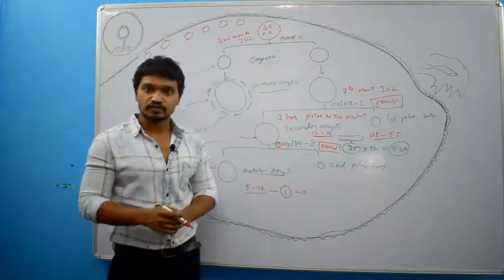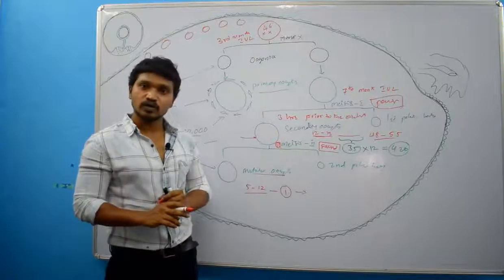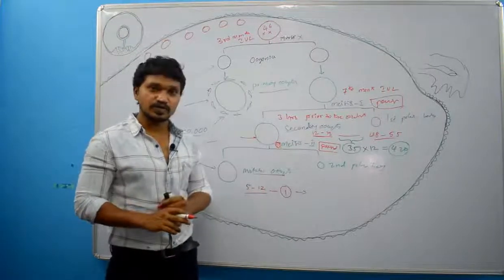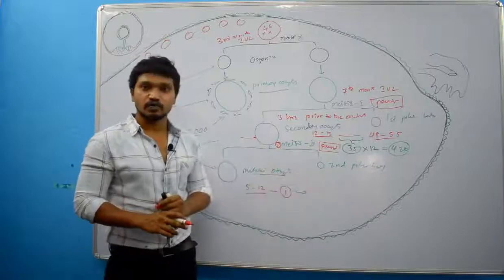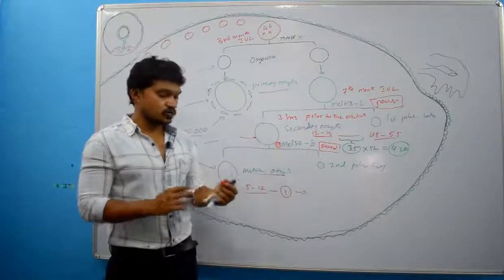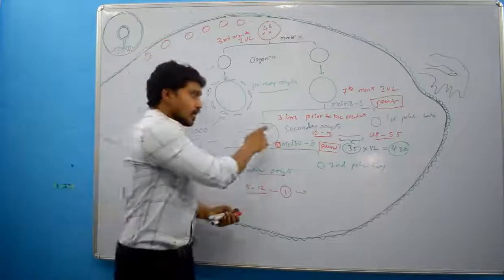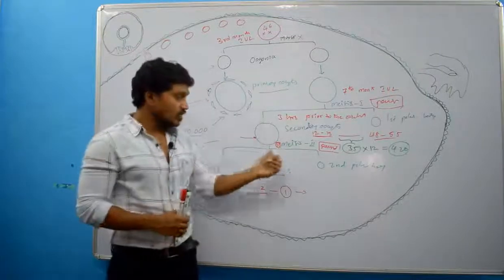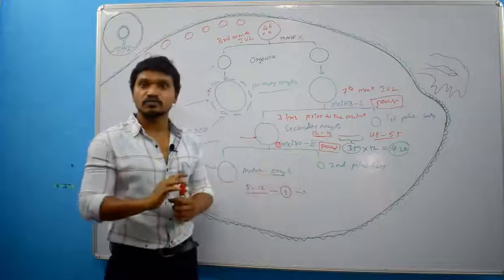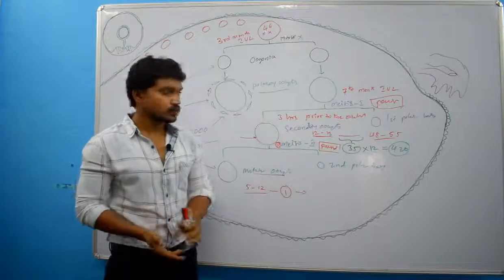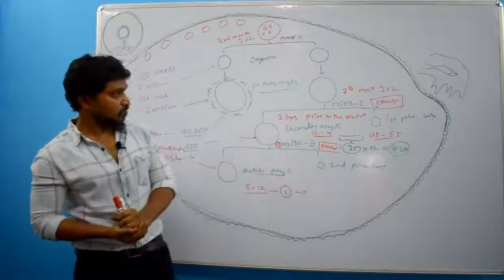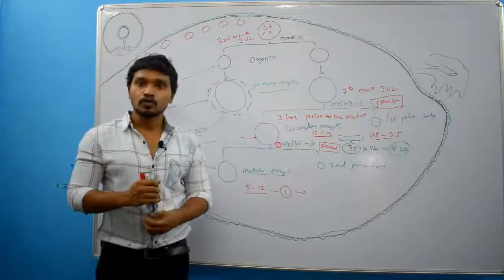If not, there is no completion of the second meiotic division, no production of a mature ovum and no production of the second polar body. This secondary oocyte will degenerate at this stage itself, that means in metaphase 2 itself. Clear? So this is about oogenesis.